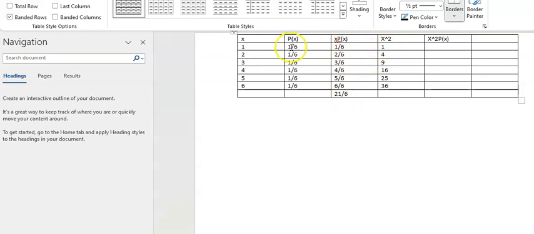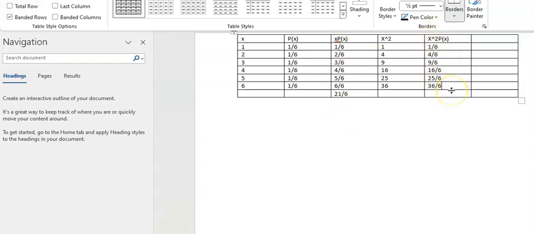So 1 times a sixth, well, that's 1 sixth. 4 times 1 sixth, well, that's 4 sixths. 9 times 1 sixth, 9 sixths. 16 times a sixth, 16 sixths. 25 times a sixth, 25 sixths. And then 36 times a sixth, 36 sixths.